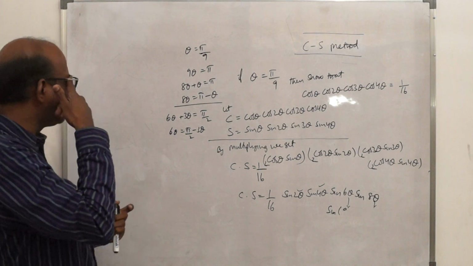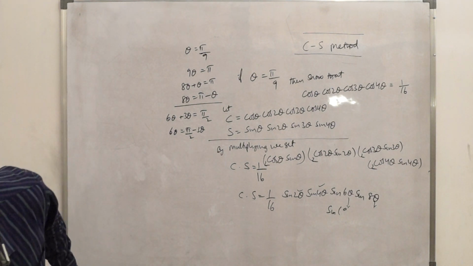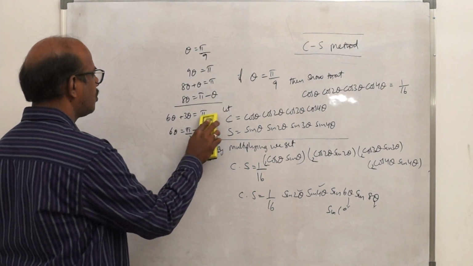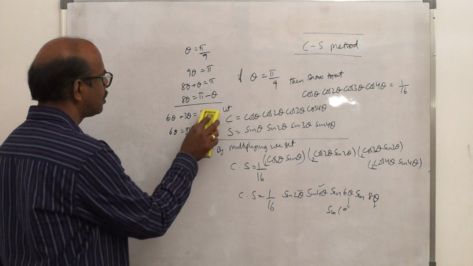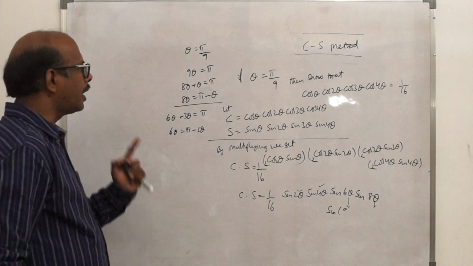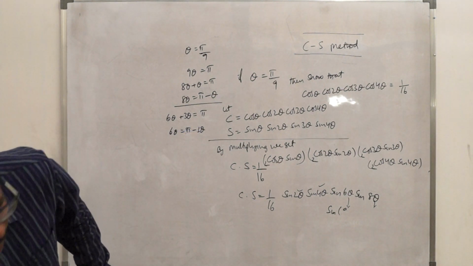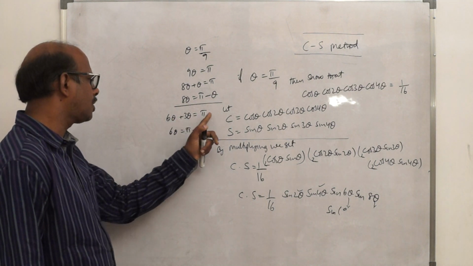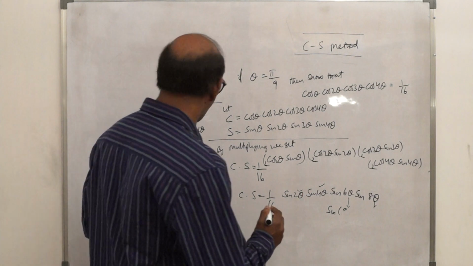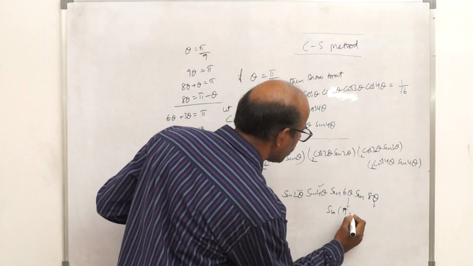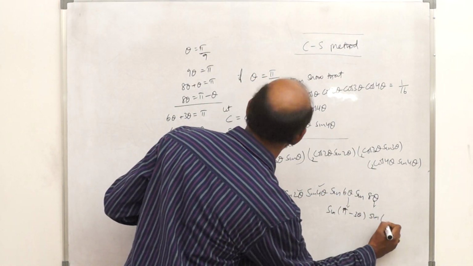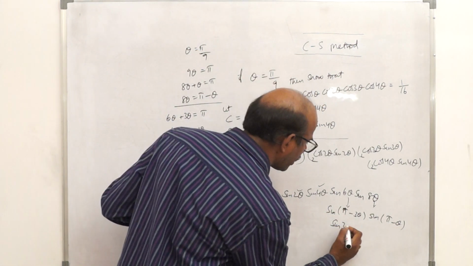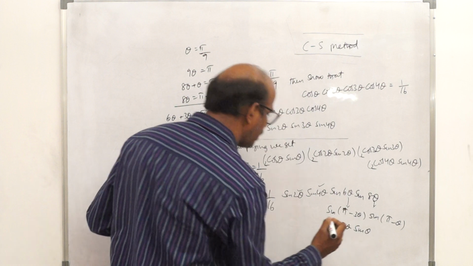Now 6 theta as pi minus 3 theta and 8 theta as pi minus theta. It will be sin of 180 minus theta, second quadrant, sin 3 theta, and it will be sin theta.